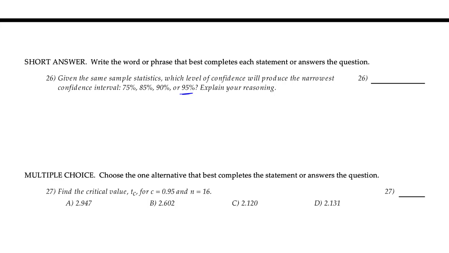So if you're trying to see which one would be the narrowest, that's the 75%, because we're not really requiring as much confidence there, so our interval can be smaller.